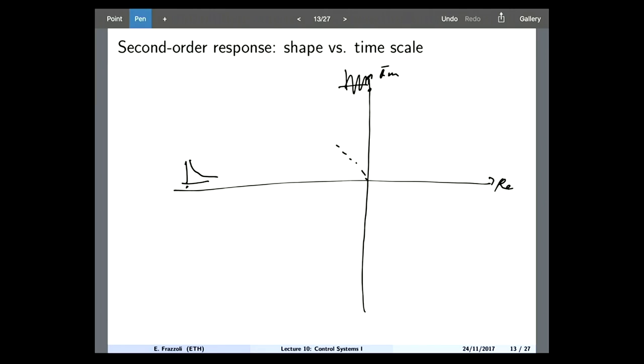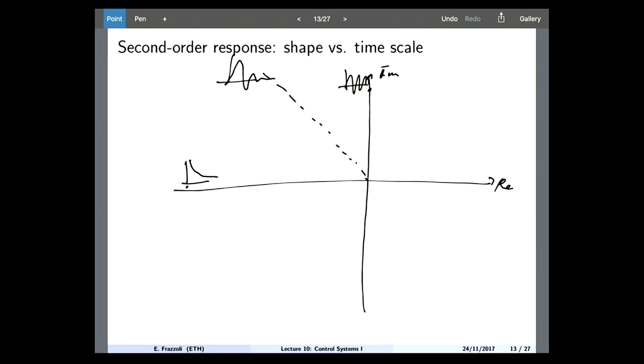If you pick any direction, then the shape of the response will be something like that, right? But if you move along one of these directions, the shape does not change. The only thing that changes is the time scale, okay? And right here, it looks like something that is undamped and is oscillating. Here is something that is not oscillating and is just decaying.